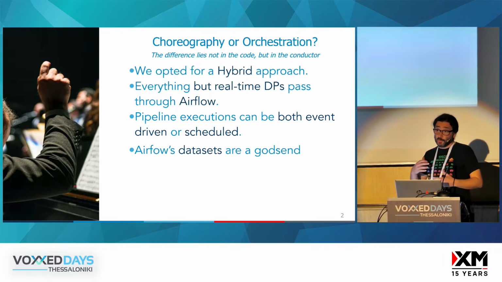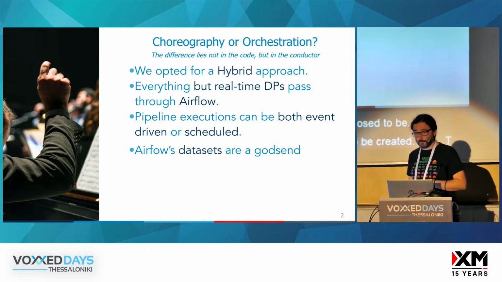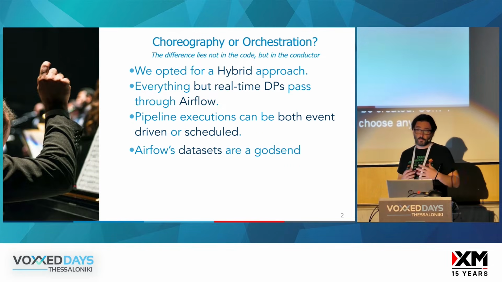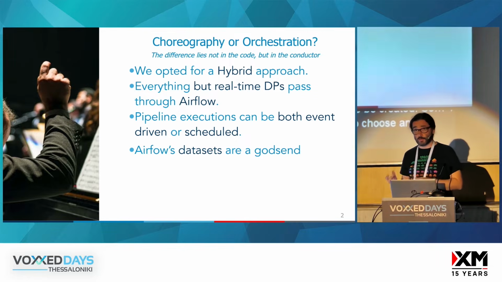So the problem with that is that once you give full autonomy to any team to choose any technology, any method of scheduling things, and who make their own decisions about everything, then you end up with a fragmented ecosystem.